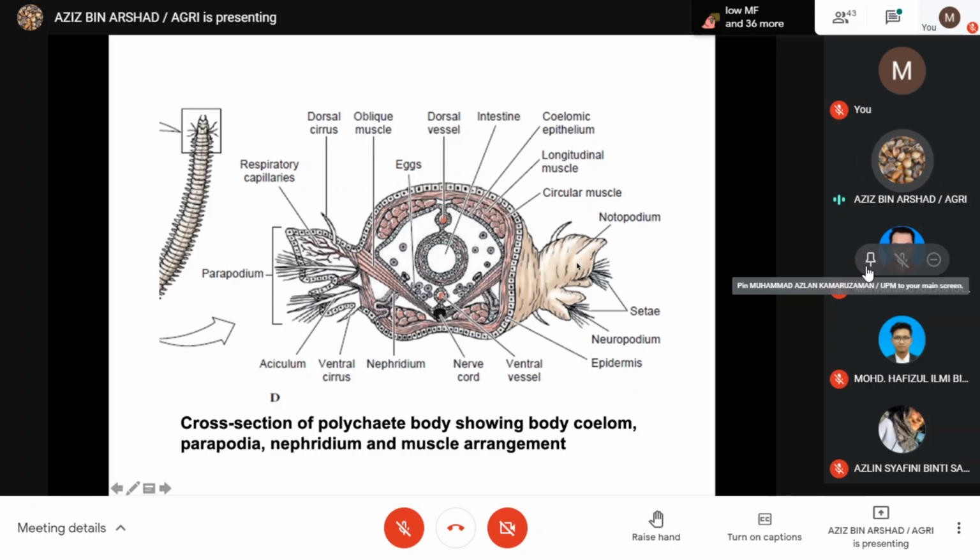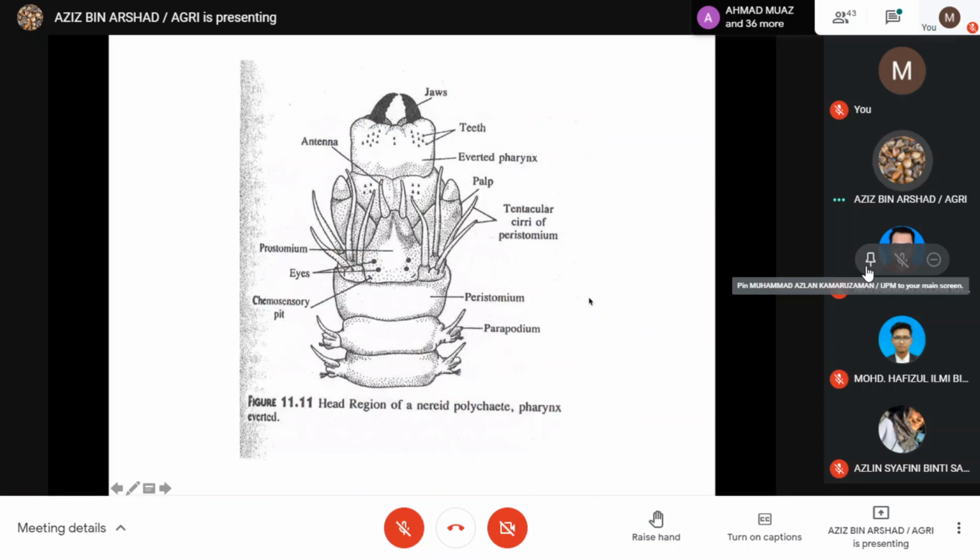The parapodia: the top part is called notopodia, and the lower part is called neuropodia. And at the end of the parapodia, you can see the presence of the setae. This is very characteristic and important to the taxonomy of the species.